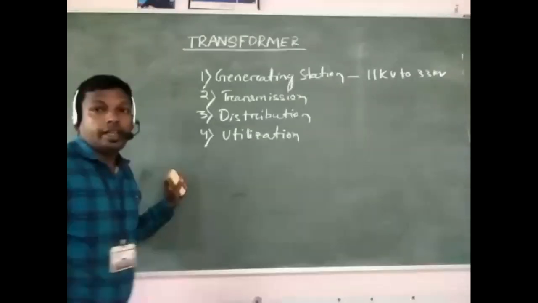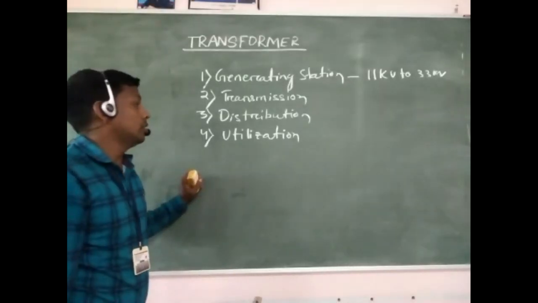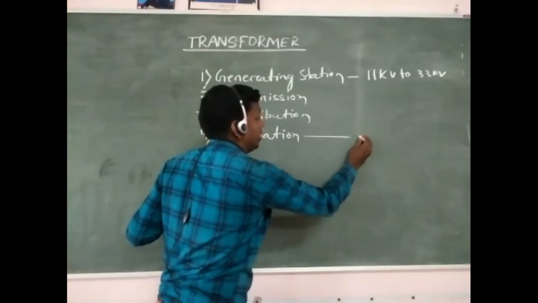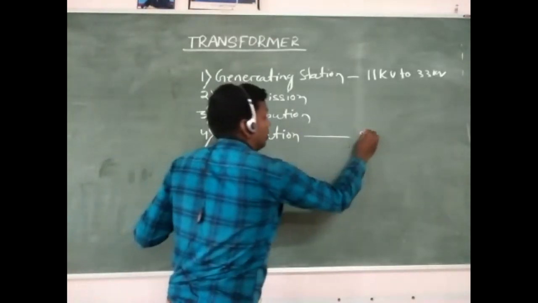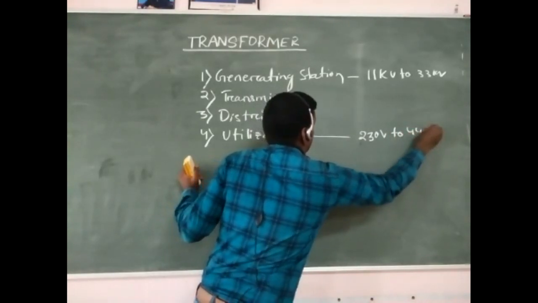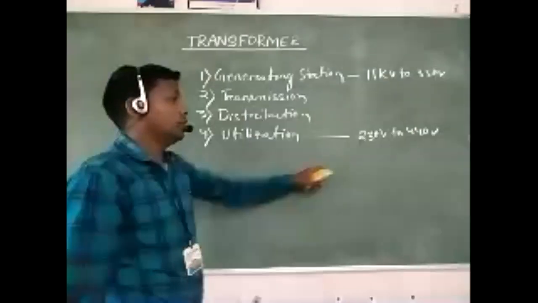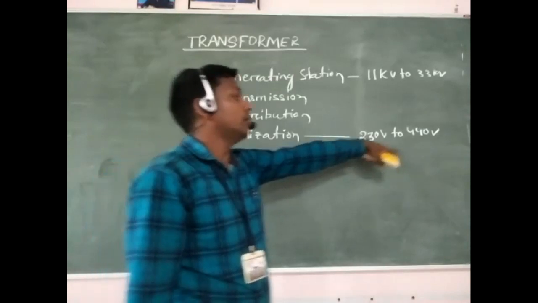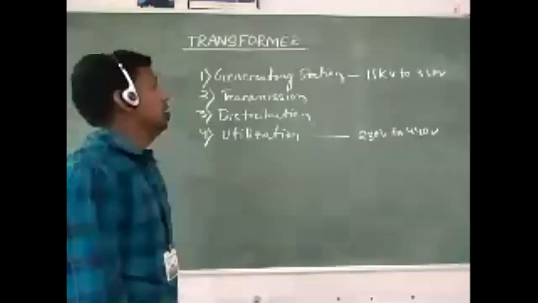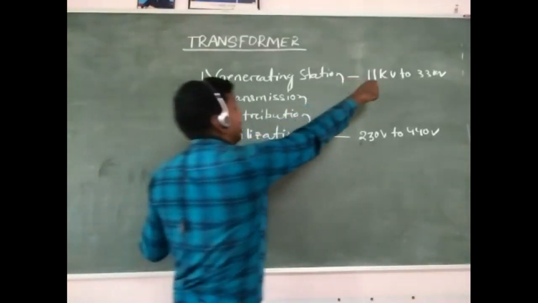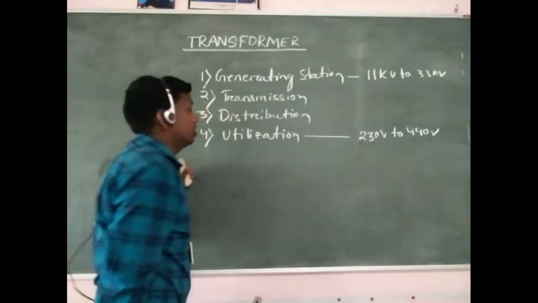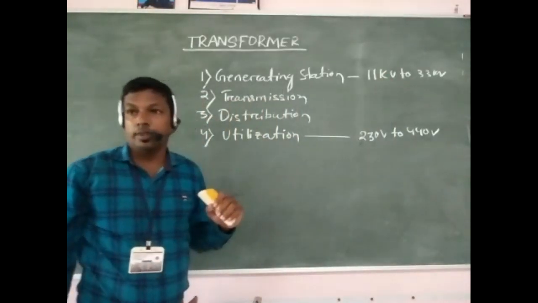Coming to utilization, where we utilize the electrical energy, the voltage rating is 230 volt to 440 volt. For domestic purpose it is 230 volt, and for commercial purpose it is 440 volt. So you can see that the voltage rating is lowered from the generating station to the utilization sector.